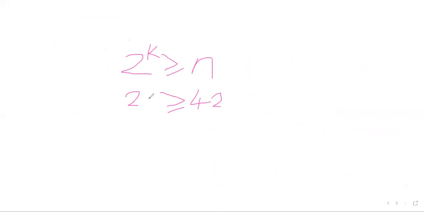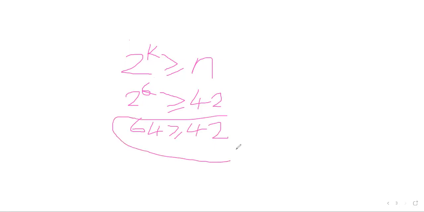If we say 2 to the power 5, 5 is not enough, because it gives a number less than 42. The first number that exceeds it is 2 to the power 6, which is 64, greater than or equal to 42. So our k in this case was 6.